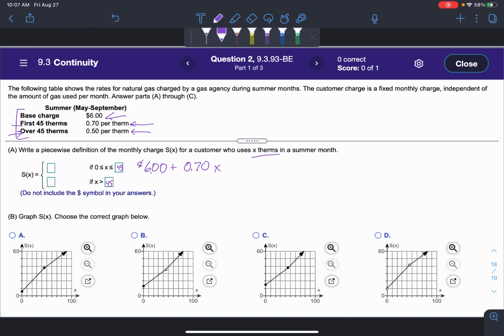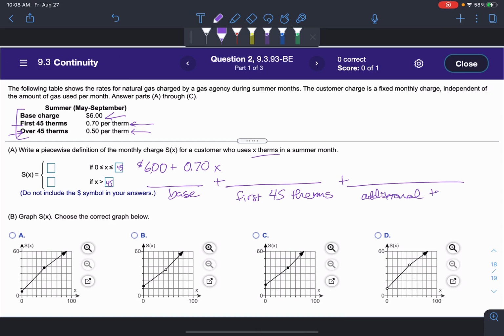Okay. So next, we have to do the second part of the piecewise. So what would that look like? So I think we did a similar problem, maybe 9.1, where we have a price for the first 35. So we have the base price, right? Base price. And then the first 45 therms. And then we want to add on additional, like over. What's your additional therms?